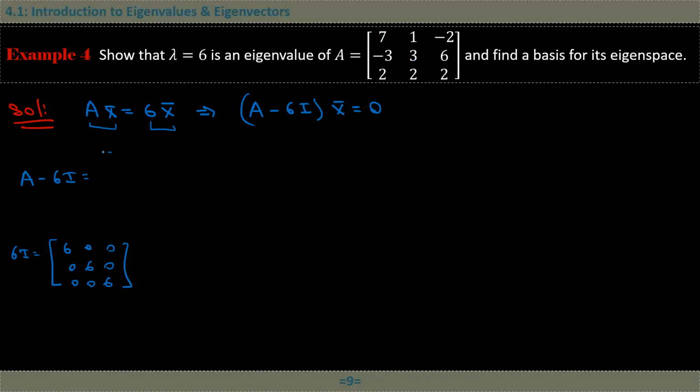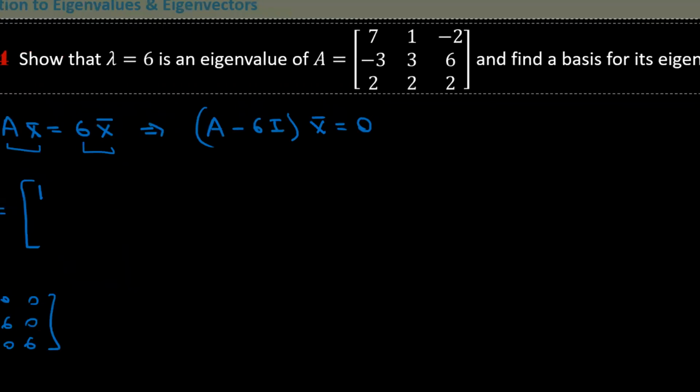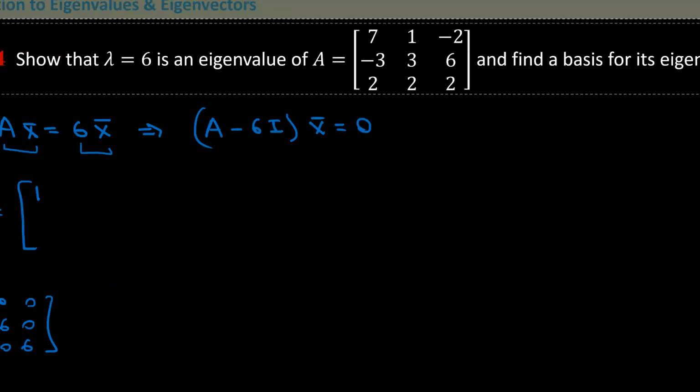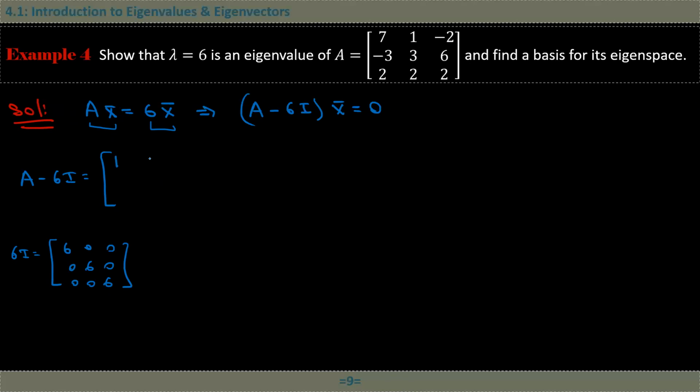So here we have 7 minus 6, that is 1, and the other components do not change. So it is 1, 1, negative 2. Here we have negative 3, 2, 2, 6, and 3 minus 6 is minus 3, and 2 minus 6 is minus 4.